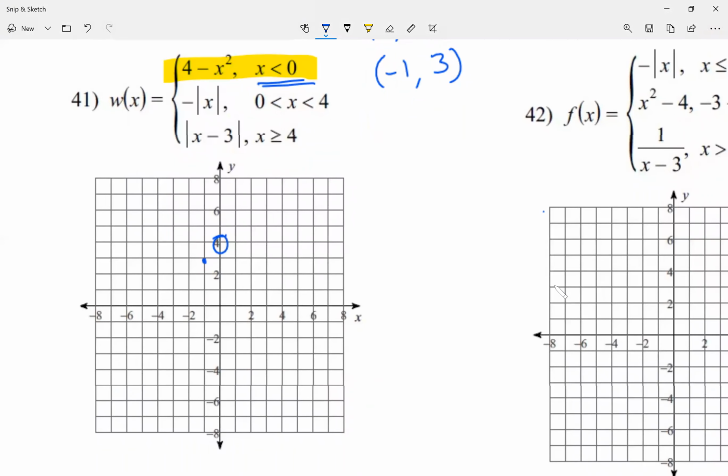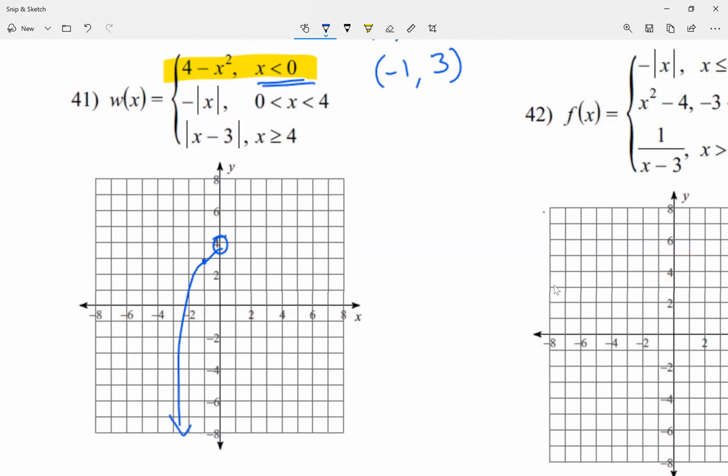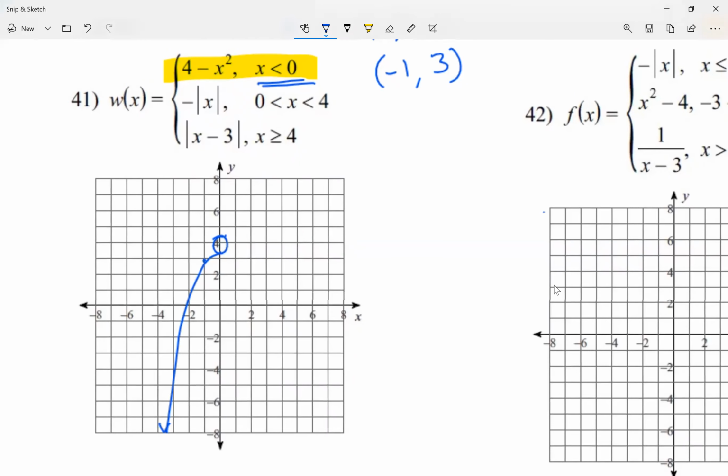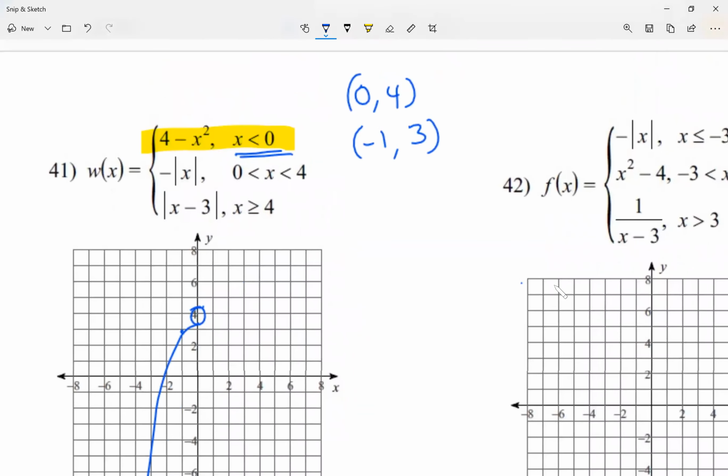In this case, it's gonna look more like this. If you want to be more accurate to the graph, just plot in a few more points. I just plot in 2 points, but you can always plot in more than 2 points.